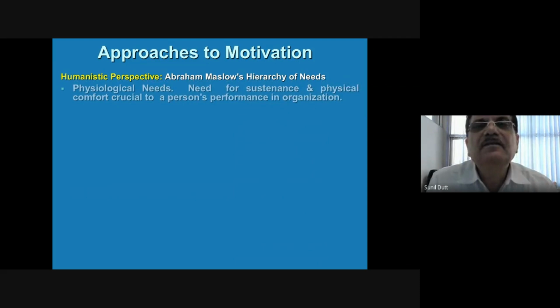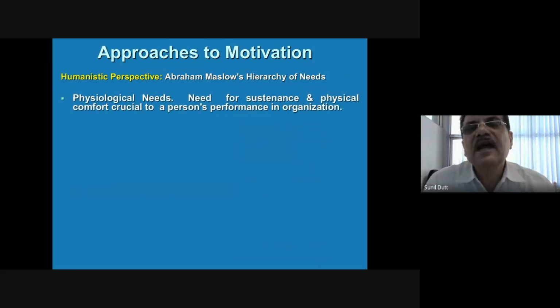At the bottom of this hierarchy, that is at the base, he has kept the physiological needs: need for food, water, fresh air, clothing, shelter. These are very much necessary needs for sustenance, for physical comfort, which are crucial to a person's performance in the organization.